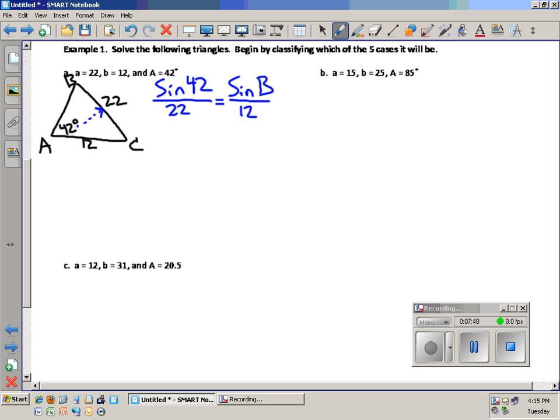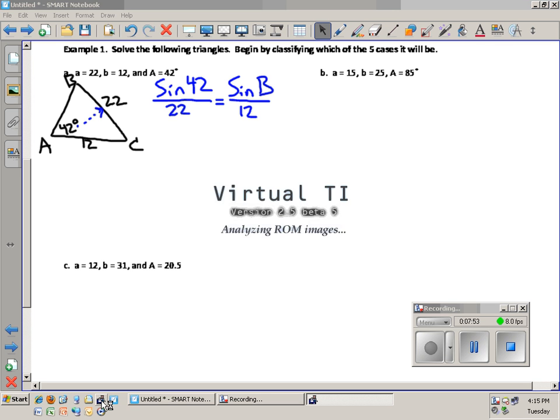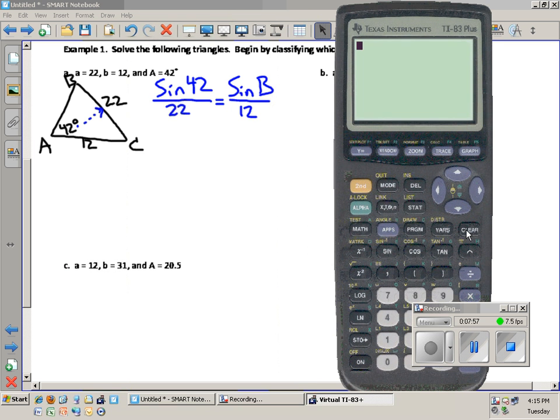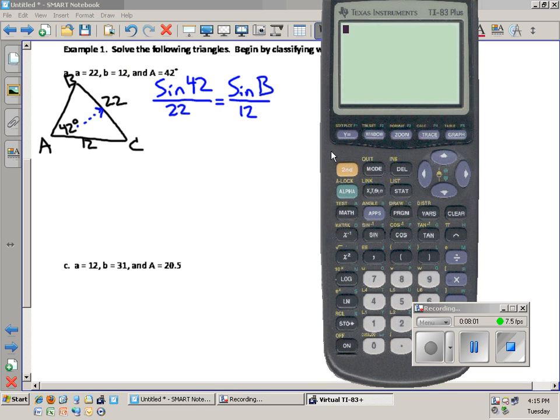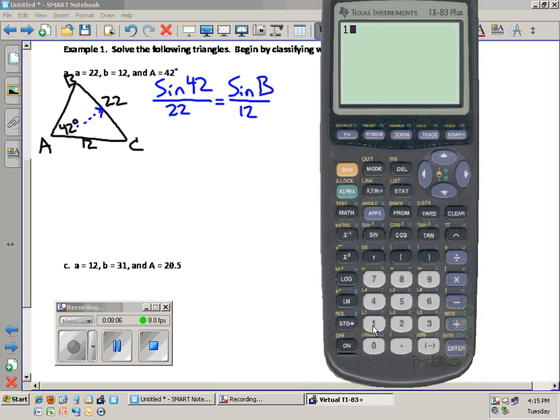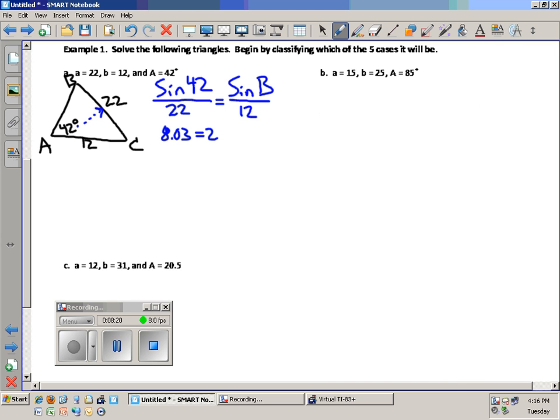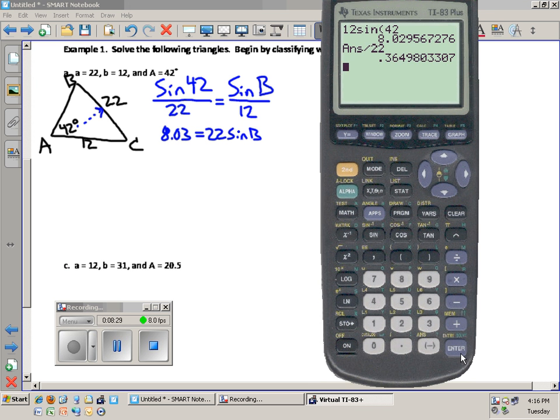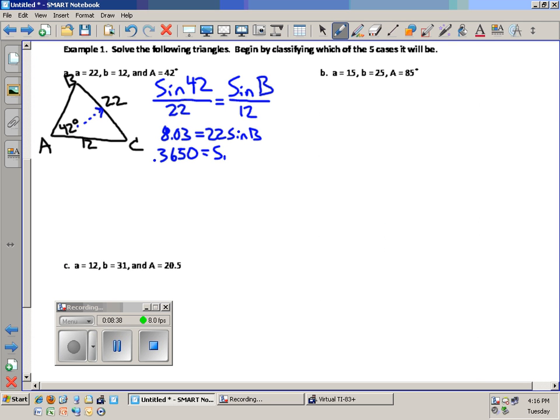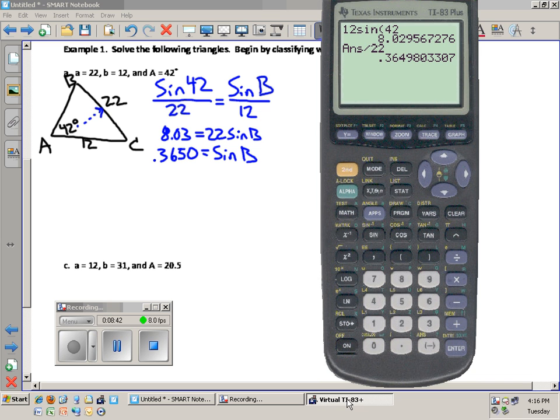I take out my calculator. 12 times the sine of 42 is 8.03. 8.03 is equal to 22 sine of B. Divide both sides by 22. 0.3650 equals sine of B. Now, I need to take the inverse: second, inverse sine of my answer, and I come up with a grand total of 21.41.